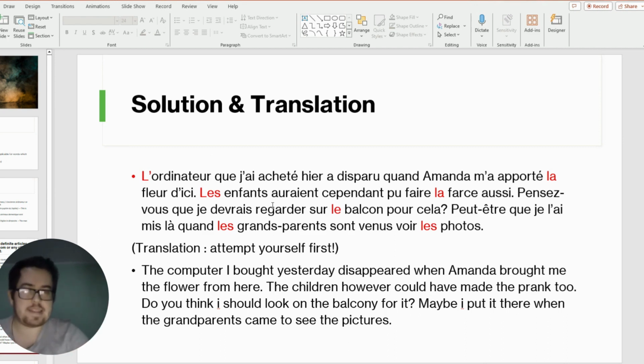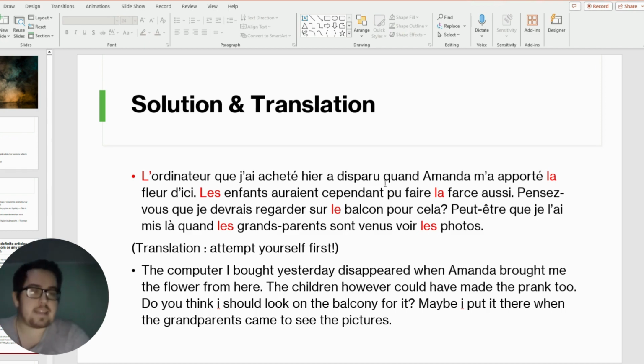Next we have les enfants, the children, auraient cependant pu. Aurait pu means could have, right? Then we have faire, made over here, and I know that it doesn't follow necessarily the rule that we've had so far regarding the past simple, or the past participle for that matter as well, because made is a past participle from make.